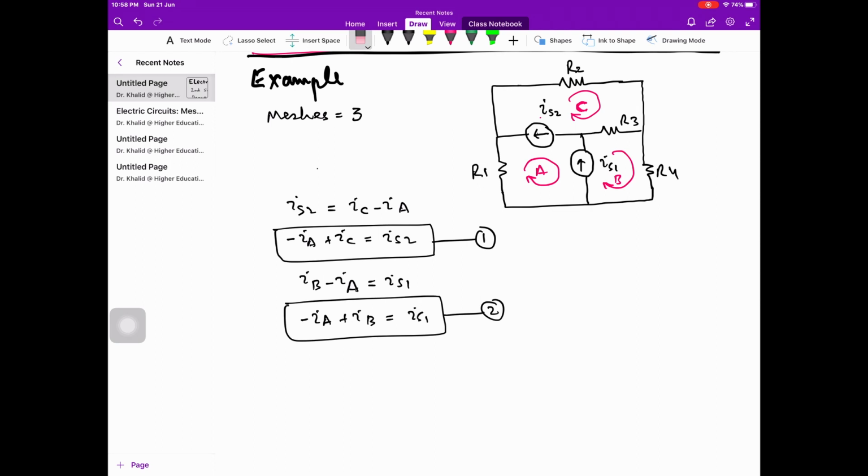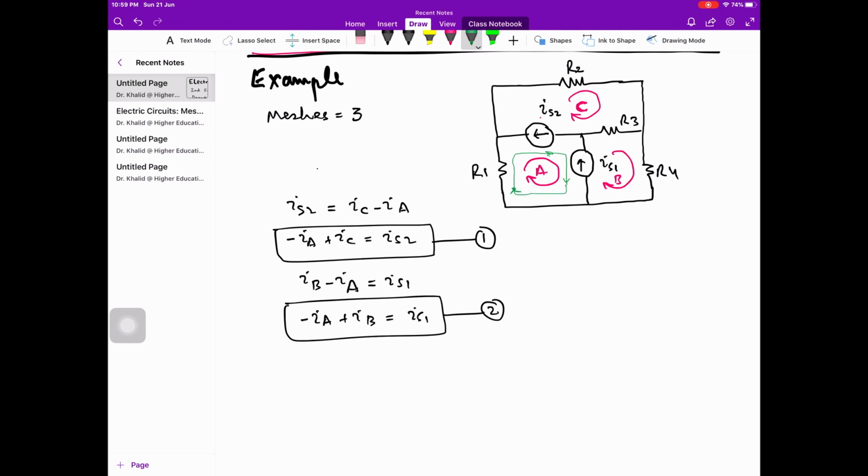IS2 is shared by mesh A and C, while IS1 is shared by mesh A and B. If we want to write the mesh equation, we have to move along the direction of the current IA. So the path is complete over here.